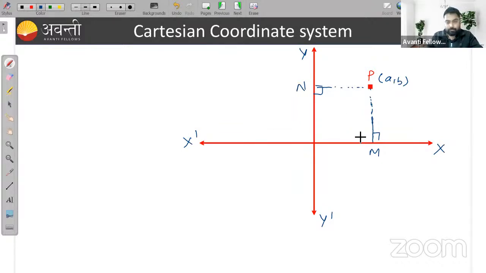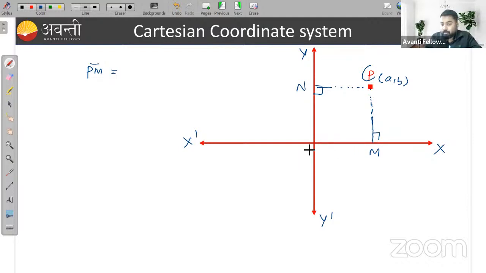What is the distance from point P to the x-axis? That is PM. What is the length of PM? If the coordinate of point P is (a, b), then what is the perpendicular distance from P to the x-axis?